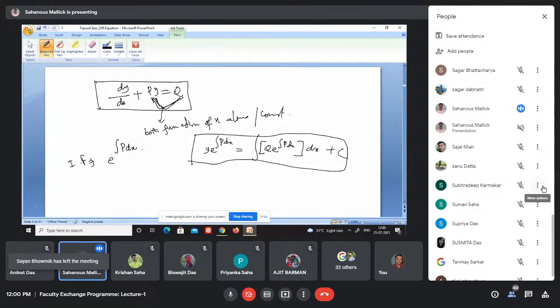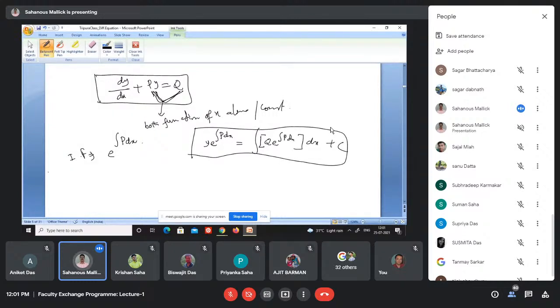Hello. Now we come to another important equation known as Bernoulli's equation. First, see this form: dy/dx plus py equals q, where p and q are functions of x or constant. This is linear in y.